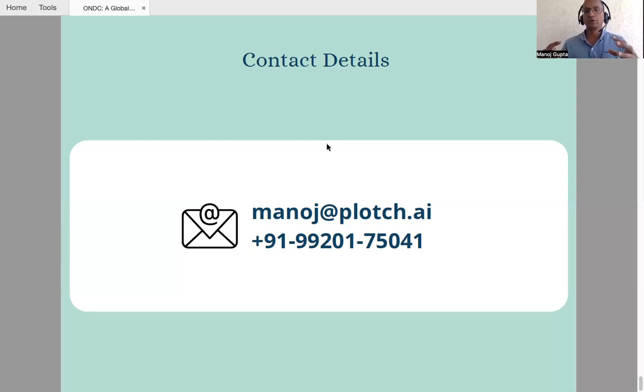But what you can do is, if you are interested in building a WhatsApp storefront, let's say I'm searching for atta, and I type on WhatsApp that I'm looking for atta. You can take that query and use the ONDC network to search for atta and display all the atta options to that customer in WhatsApp.